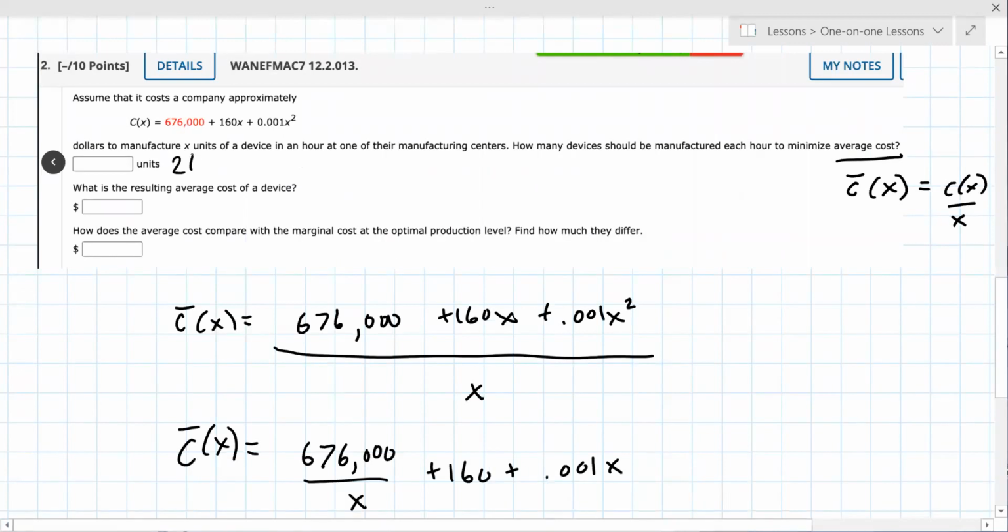So that's 26,000 units. The resulting average cost comes from doing C bar of 26,000. So you have to put 26,000 into either of these here.